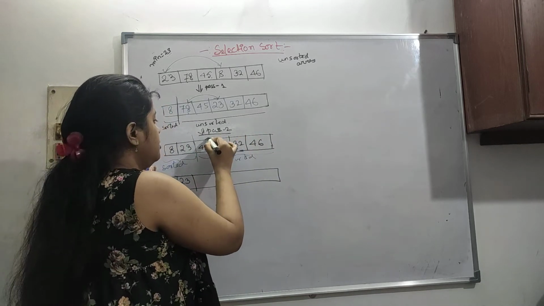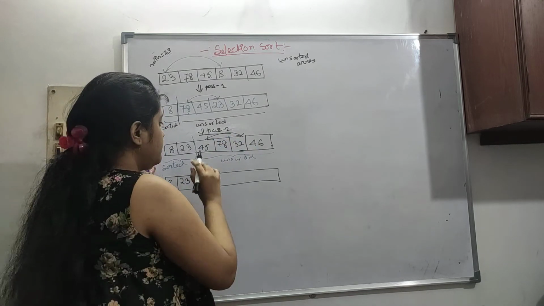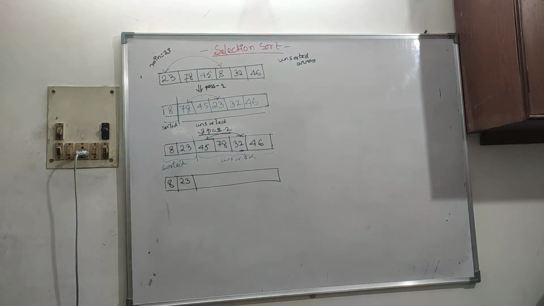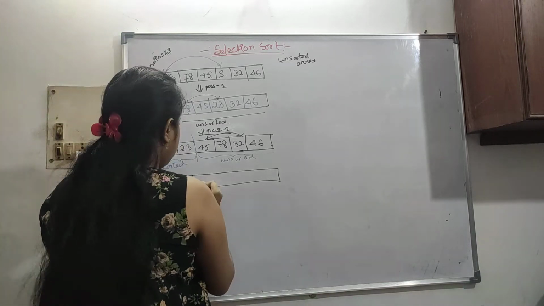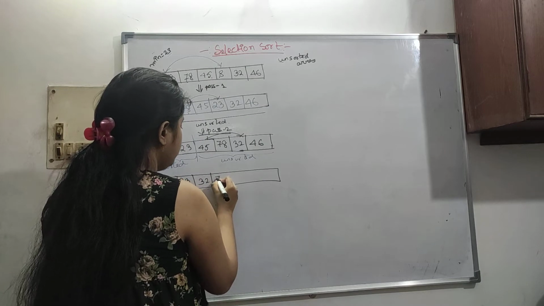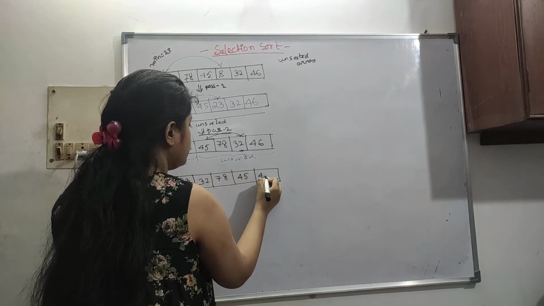We have to change it. So 45 and 32: you can see 32 is our actual minimum element. So 32 will be placed here and 45 will go in 32's place. Then 78, then 45, then 46.